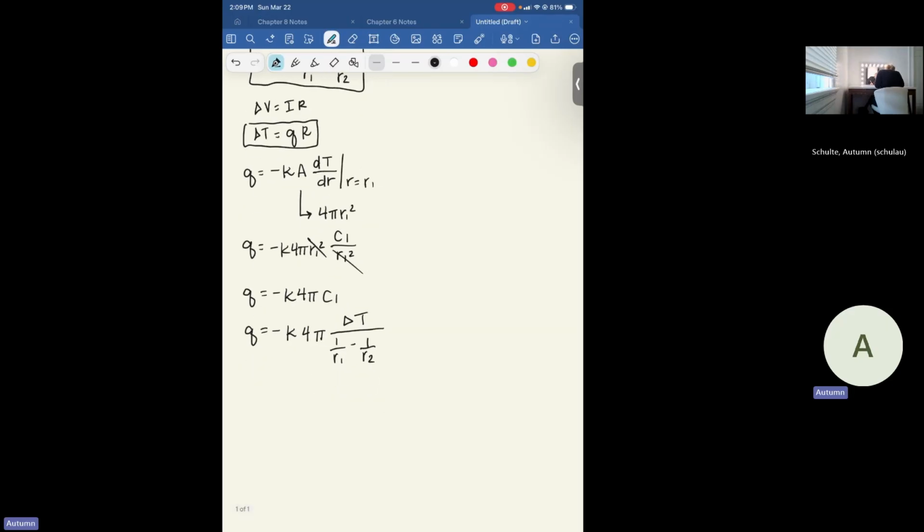So we're going to have delta T is equal to Q multiplied by 1 over R1 minus 1 over R2 divided by negative 4 pi K. And as you can see just by looking at this, our thermal resistance term for spherical geometry is going to be this expression right here.